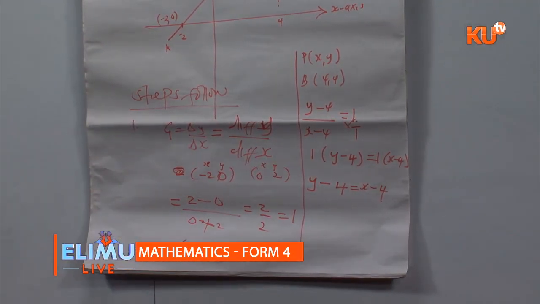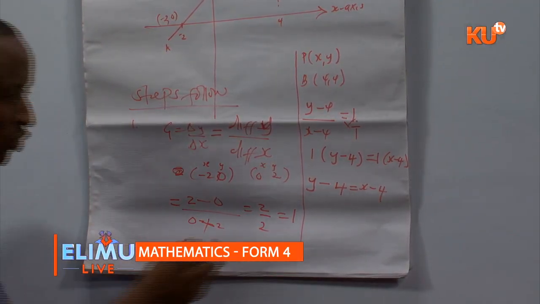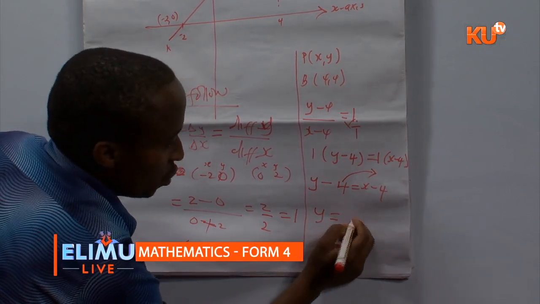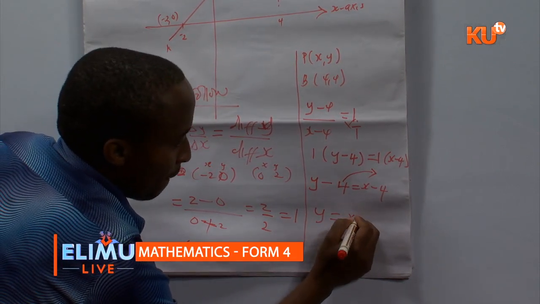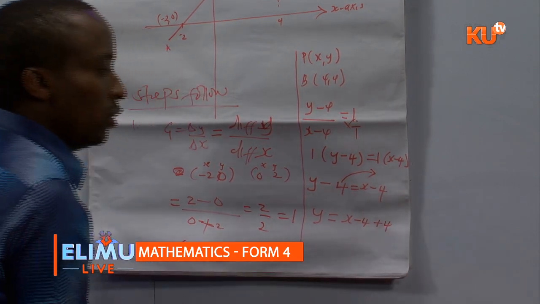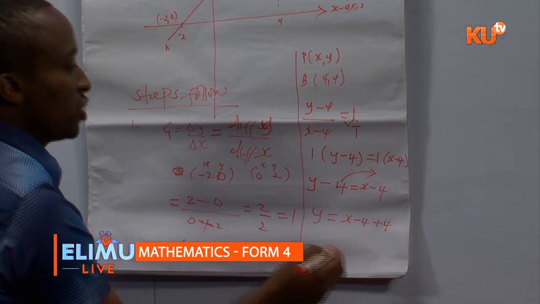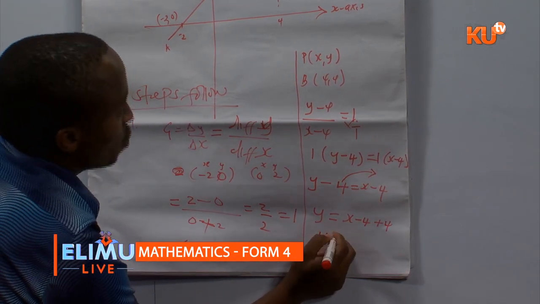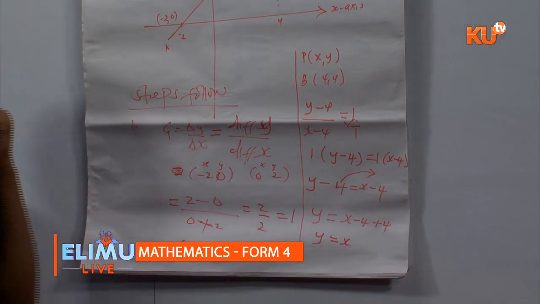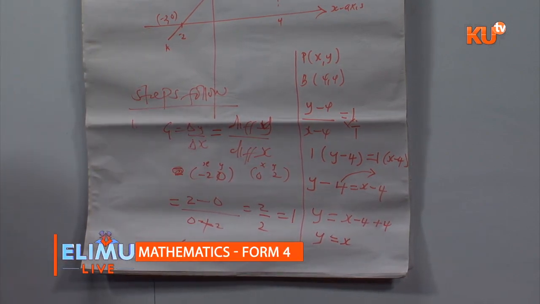We want to make y the subject of the formula, so we take the 4 to the other side. y is equal to x minus 4 plus 4. So minus 4 plus 4 will be 0. So our line is y is equal to x. y is equal to x.